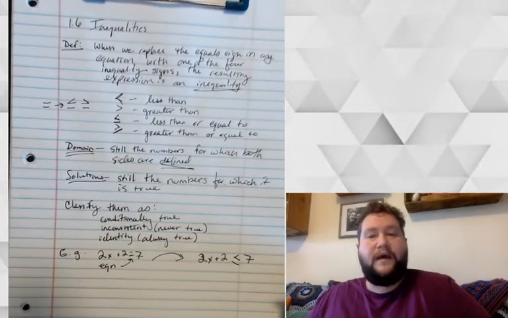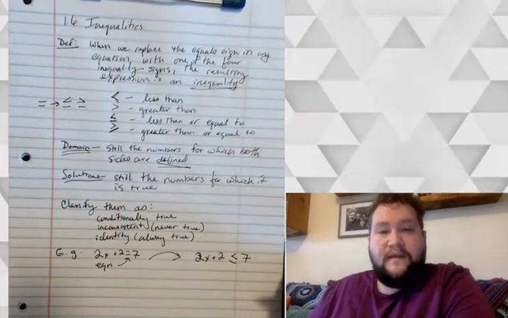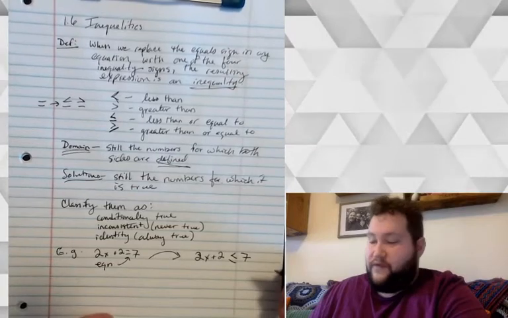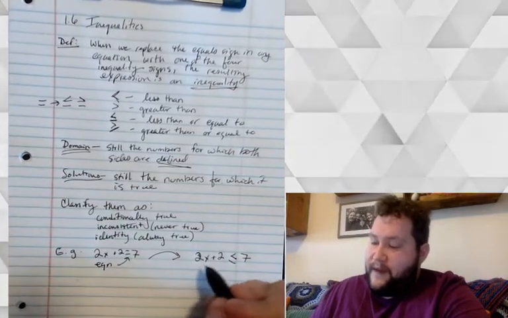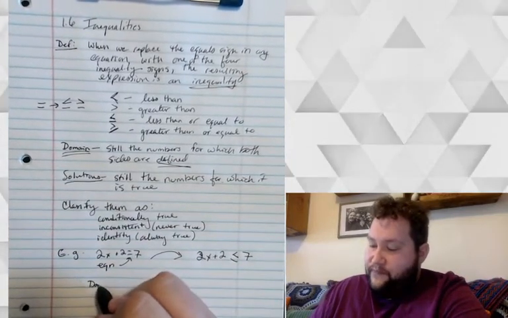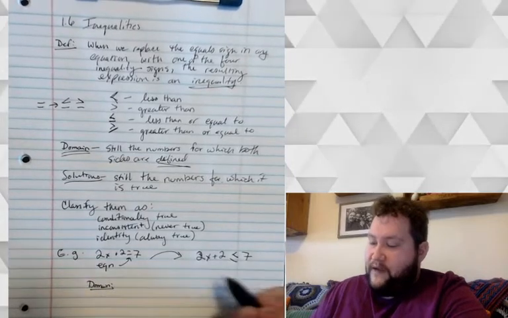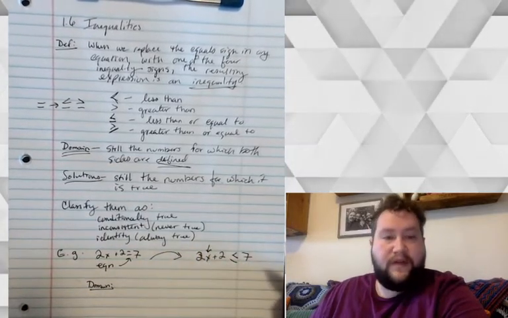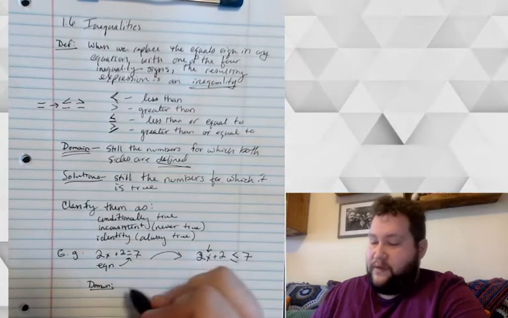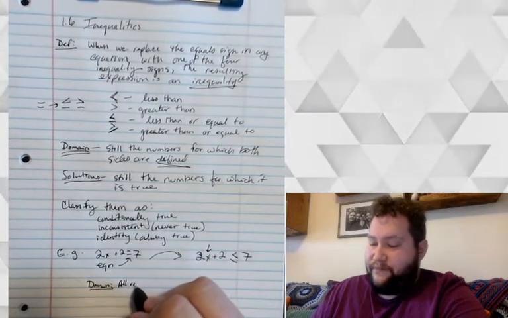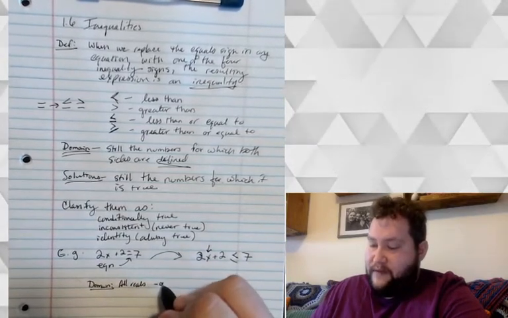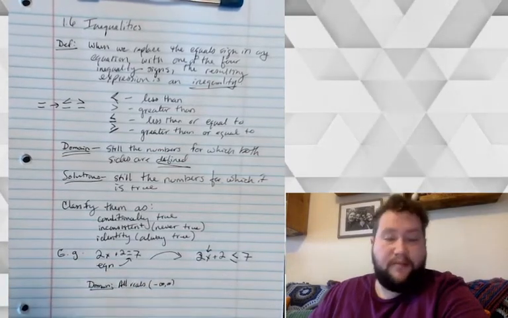And so now we care about whether or not it's sometimes true, always true, or never true. So first we'll think about domain. Is there any value that you can't substitute in for x? No, the domain is all reals, which looks like negative infinity to infinity with our parentheses.